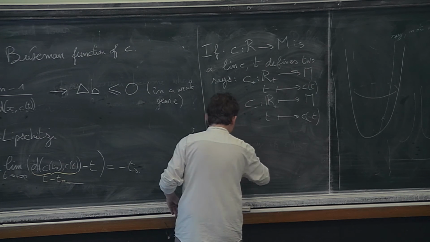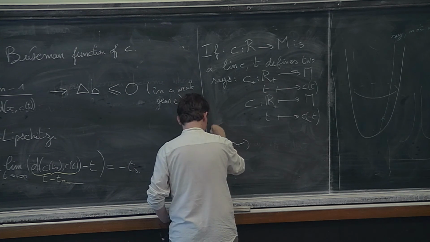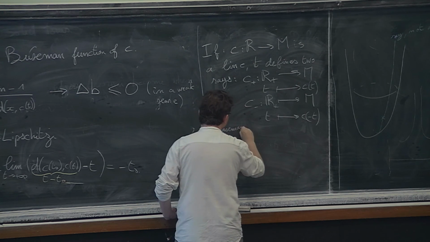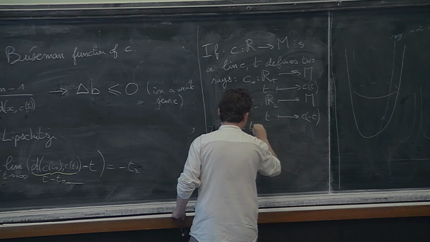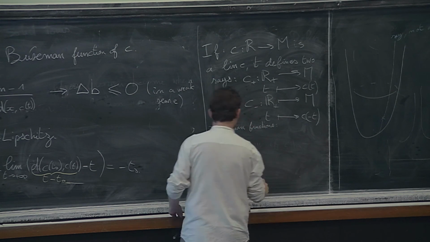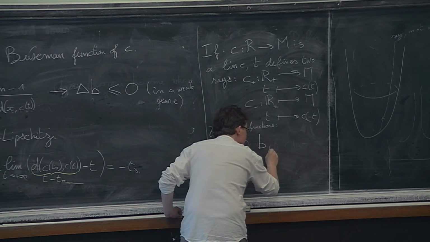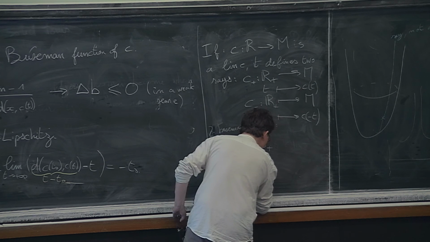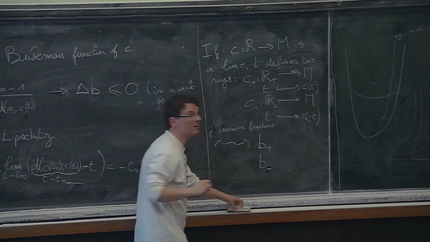And from this I get two Busemann functions. One which I call b plus, and the other which I call b minus.